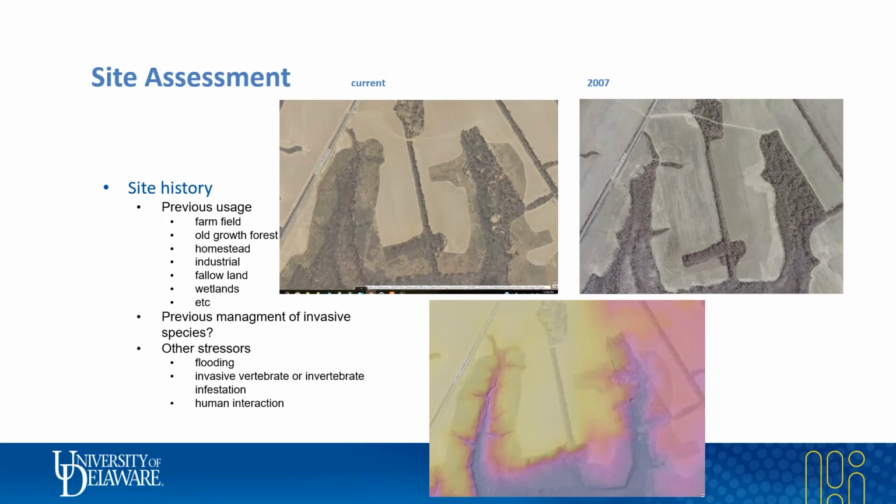So what types of different things can you expect to encounter? Johnson grass, Canada thistle, things that you would tend to find in farm fields. And there are some other things too, but from that previous usage, you know that when I'm out here, I'm looking for Johnson grass. I'm looking for Canada thistle because it's most likely going to be there. You can also use the Delaware tax ditch map, as we were talking about, to look at the LiDAR data.